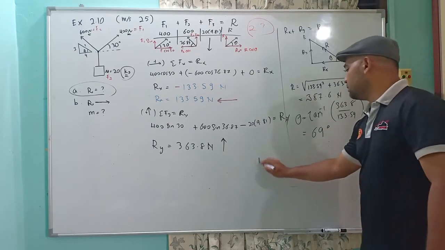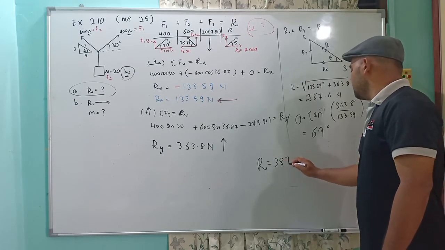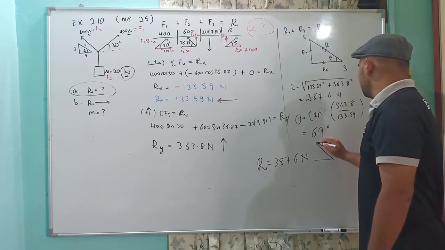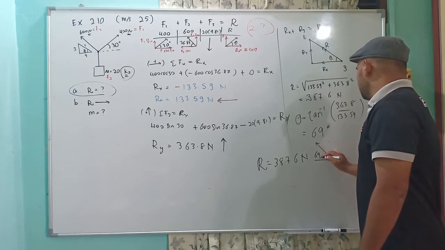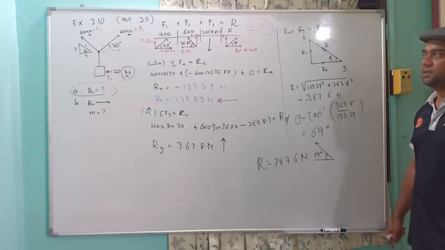Okay, so your R is actually 387.6 Newton, 69 degree. Okay, this is for the first question.